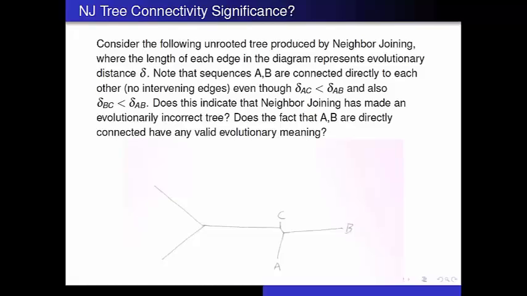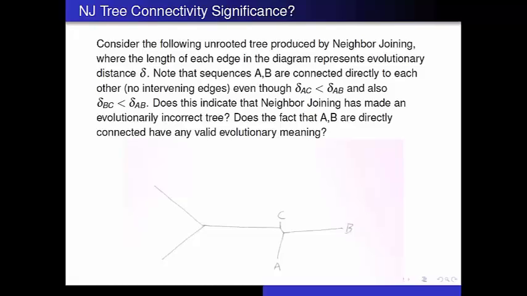I mean, in this diagram, A and B are claimed to be neighbors, right? Because they're connected by a single internal node. Would this suggest that the tree construction algorithm, whatever tree construction algorithm is used, has made an error in representing the actual evolutionary history of these sequences?